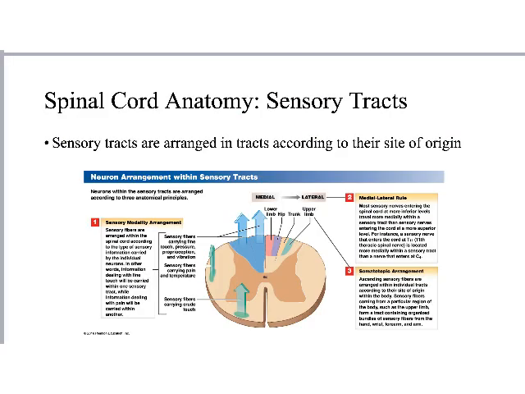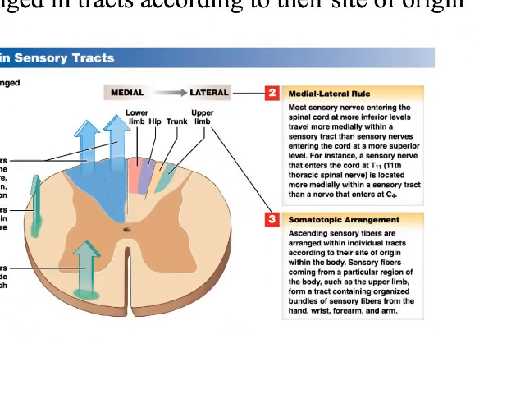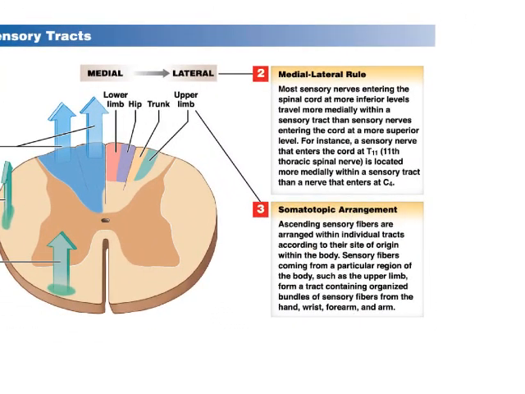The third type of organization is that sensory tracts will be arranged according to their site of origin. We were talking about lower to upper, medial to lateral, that was level 2, but there's an even deeper level within, let's say, the upper limb.